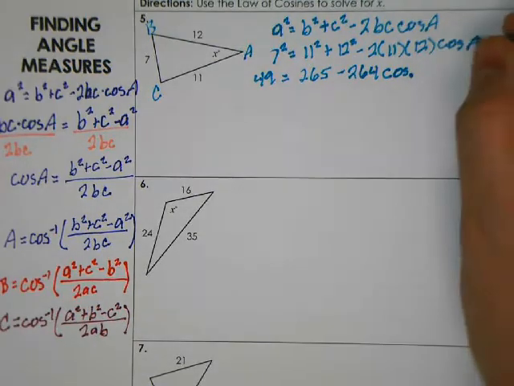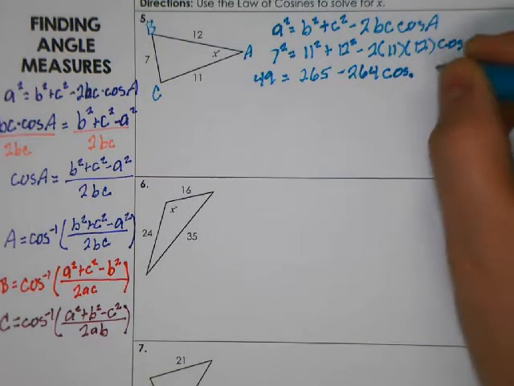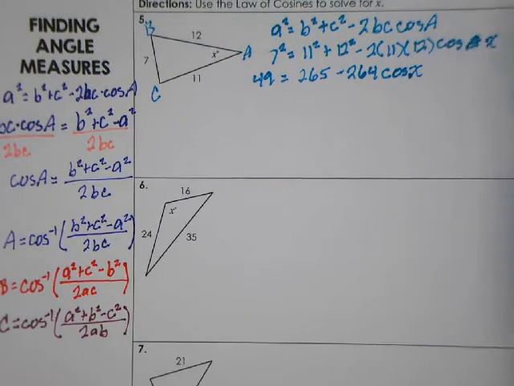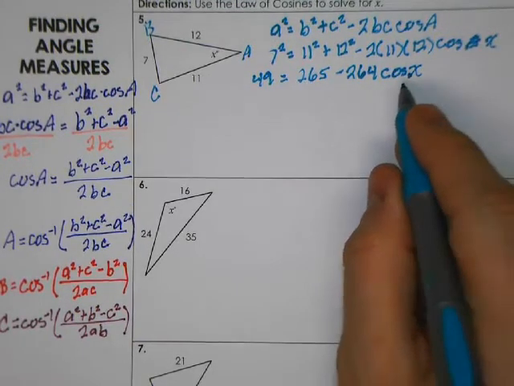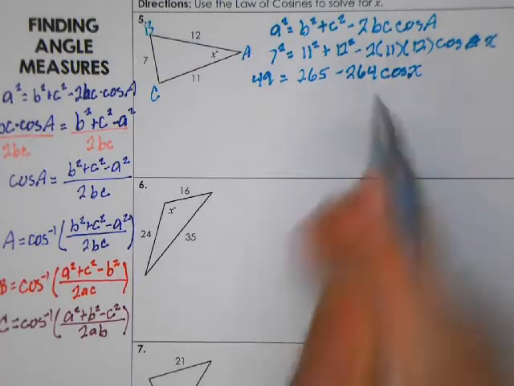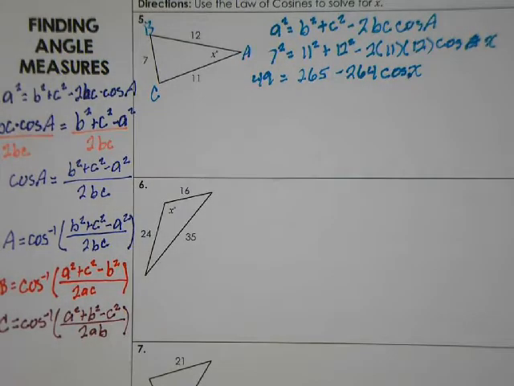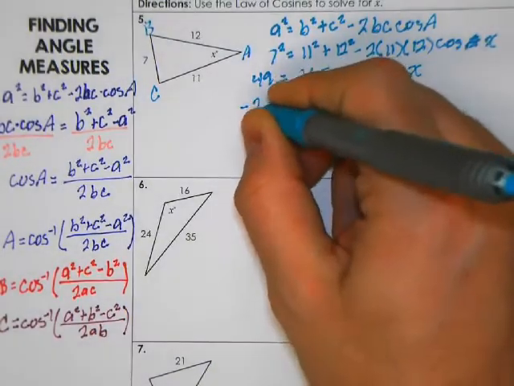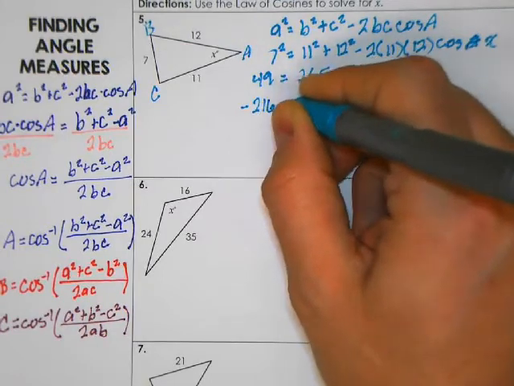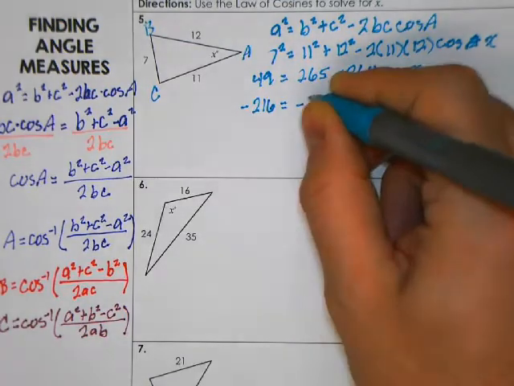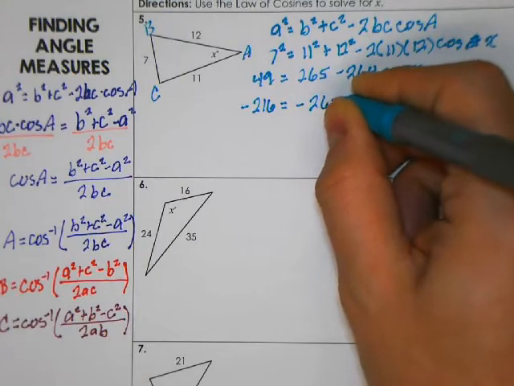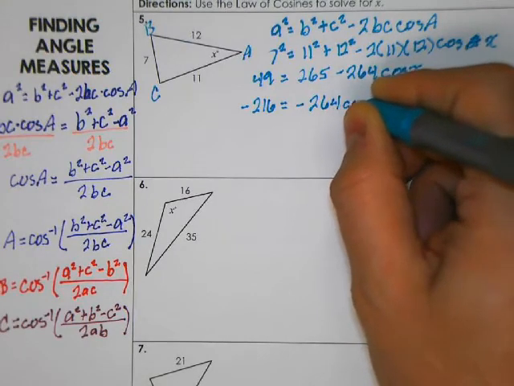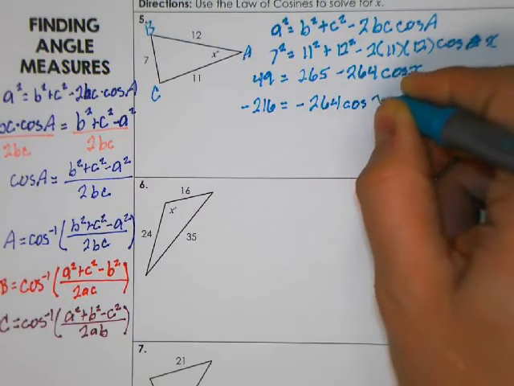I probably should have put x here, because it's cosine of x, not cosine of A. Then we move the 265 over through subtraction. So 49 minus 265 will give me a negative 216, to be equal to negative 264 times the cosine of x.